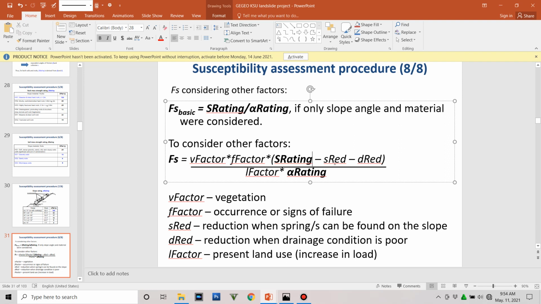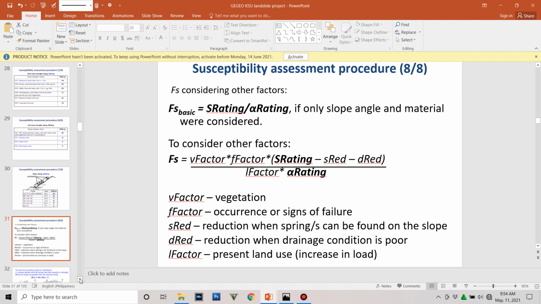Okay, so that will be directly deducted from the S rating. First, we have the presence of drainage and of course the spring. And then the land use will be a factor to be found in the denominator of that expression. So it will be multiplied to the alpha rating or the angle. So of course land use factor matters. If we have a heavy surcharge on the top slope, of course that will be an additional gravity or surcharge to the slope.